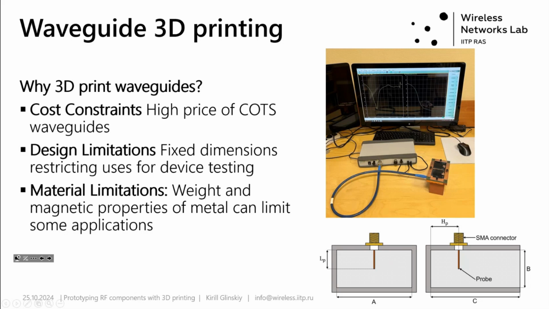They have fixed dimensions, which, while they cover the whole range of radio wave frequencies from 1 gigahertz up to 200 gigahertz, still are inapplicable for approaches where we need some specific bandwidth of our waveguide. And finally, they have some material limitations, namely they all are metal, aluminum or copper, and therefore they are heavy, and for some magnetic properties, they are not as applicable.